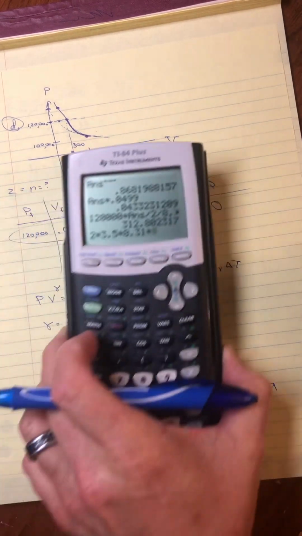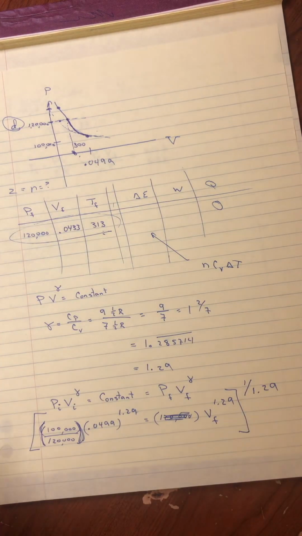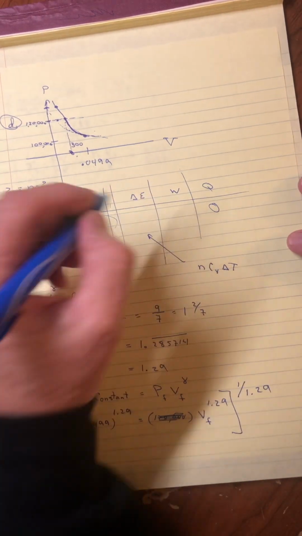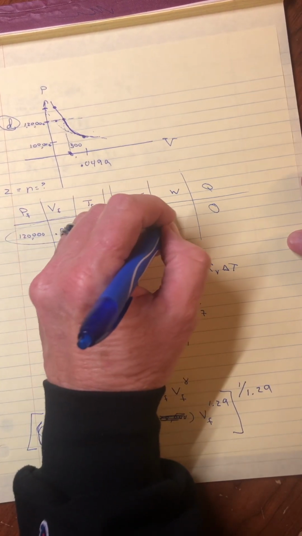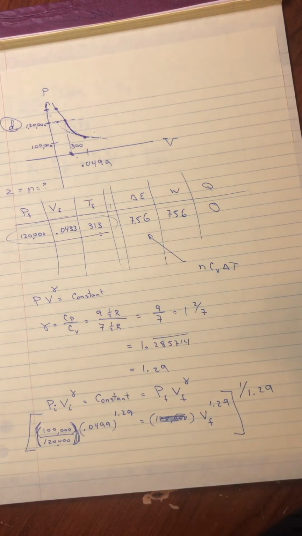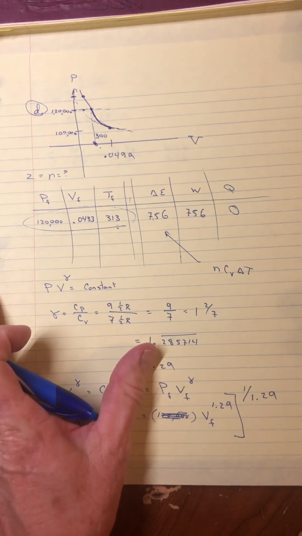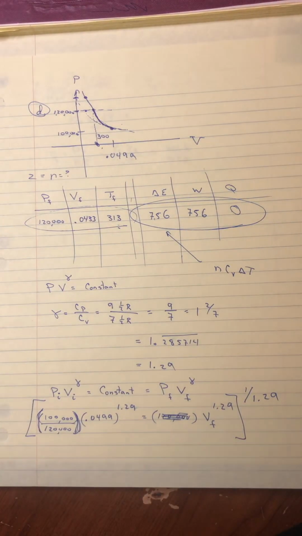Initial is 300, so that's a change of 13. So that number here would be 756, which would mean that this number here also has to be 756 because these two added together, according to the first law of thermodynamics, that is conservation of energy, they got to add up to that one. All right.